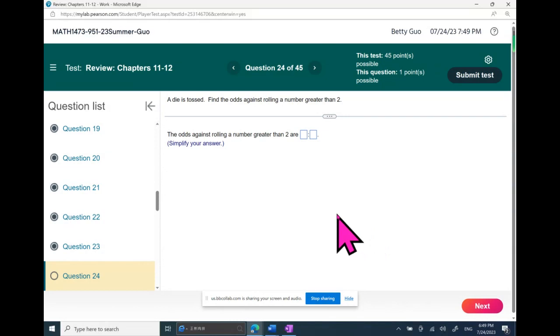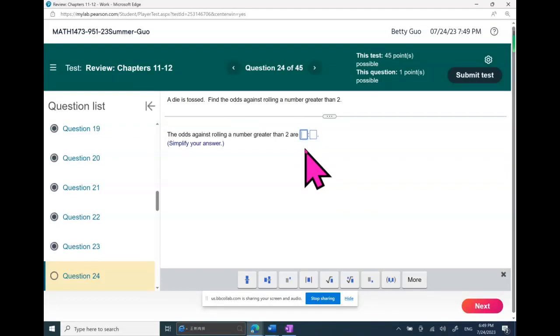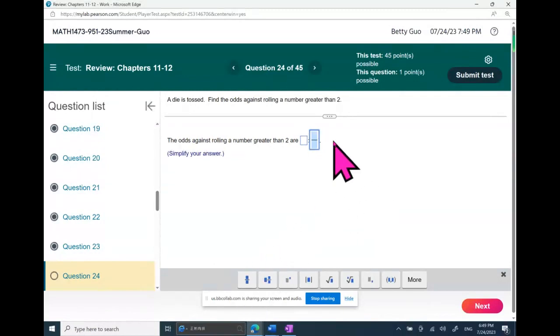Question number 24. A die is tossed or rolled. Find the odds against rolling a number greater than 2. This time it is against rolling a number greater than 2, right? So the first cell is going to be the probability of not getting a number greater than 2. The second cell is supposed to be the probability of getting a number greater than 2. The probability of getting a number greater than 2 is 4 over 6.